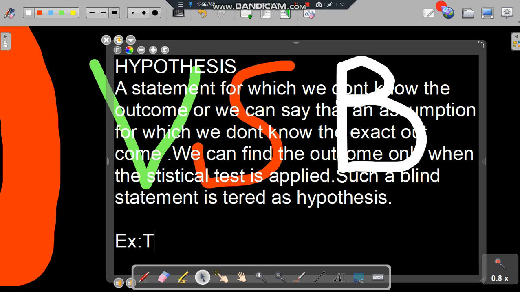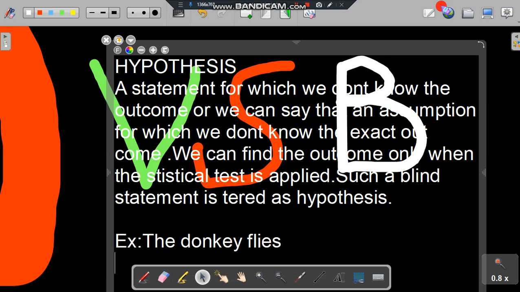In real life situation, it is false, but in TV programs, it is true. So we cannot predict that. So we have to bring this statement under statistical tests. Then only we can say whether this statement is true or false. So this is a good example for hypothesis.